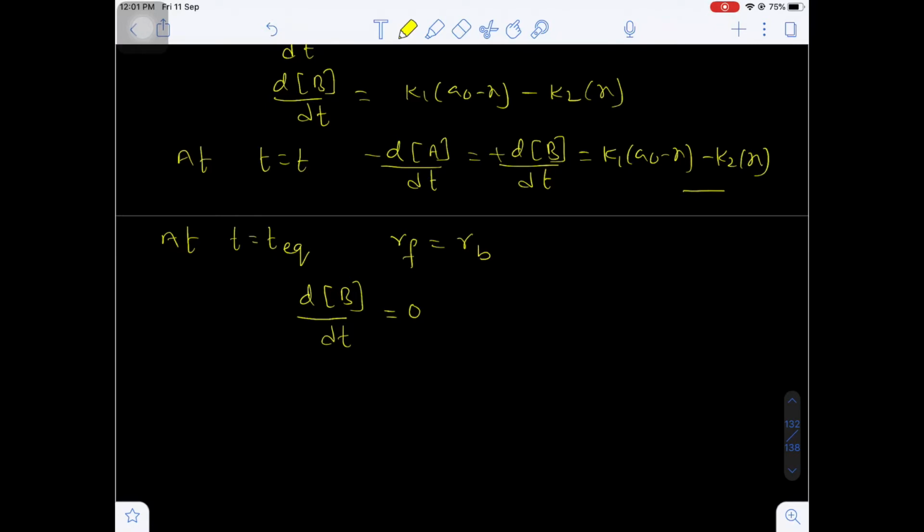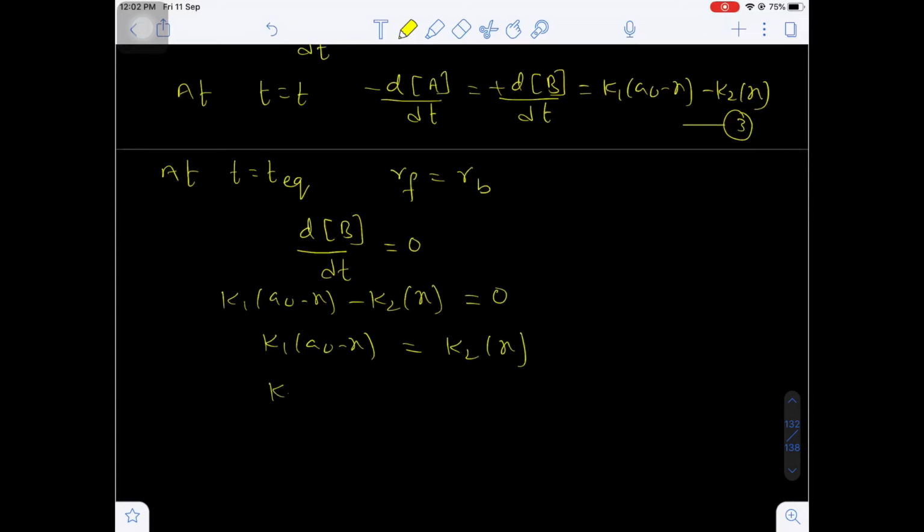So from equation number 3, if you take the dB by dt value as 0, then K1 times (A0 minus X) minus K2 times X equals 0. That means K1 times (A0 minus X) equals K2 times X. From here, K1 A0 minus K1 X equals K2 X. Now one more important thing: we are dealing at equilibrium, so we should write the concentration in terms of equilibrium, so I am writing Xe.